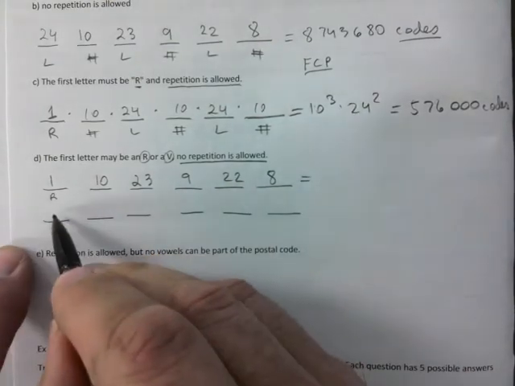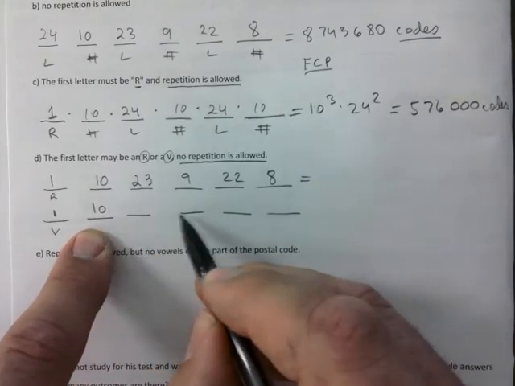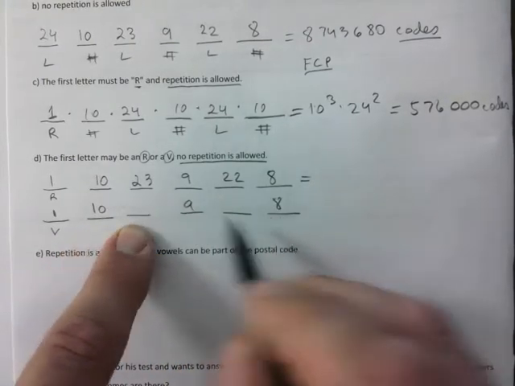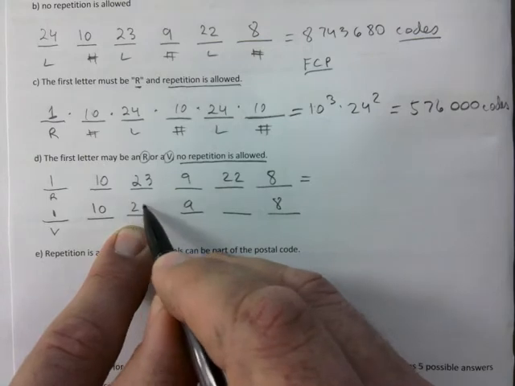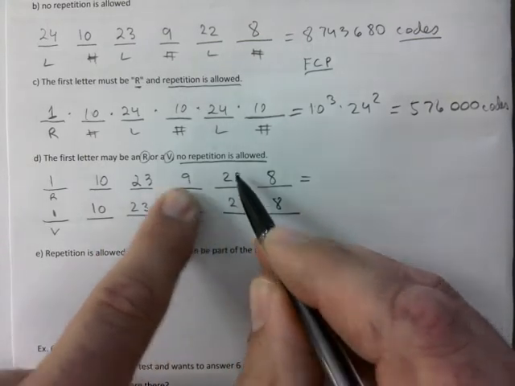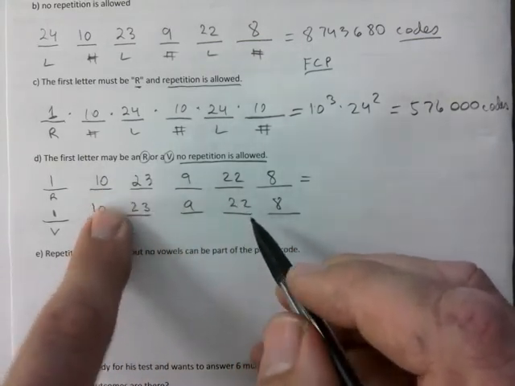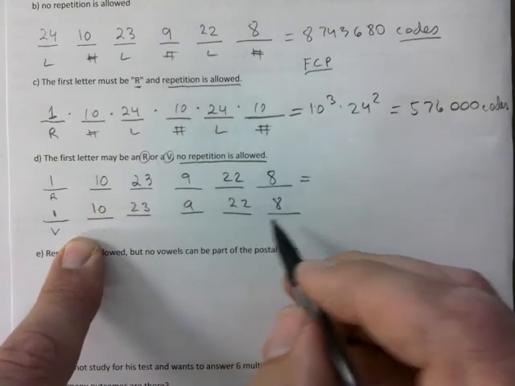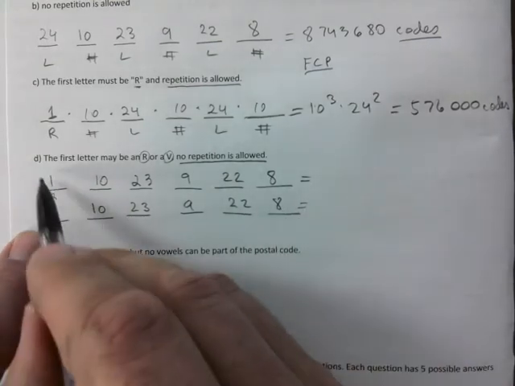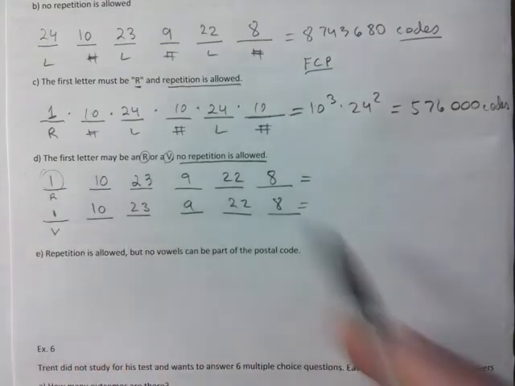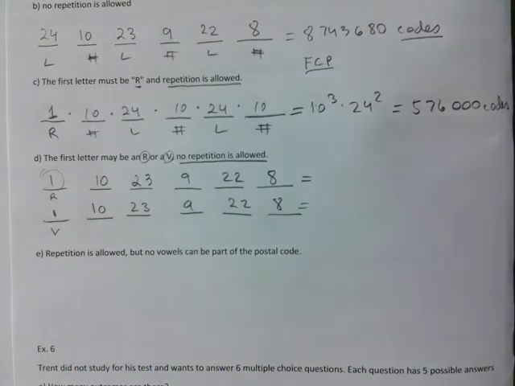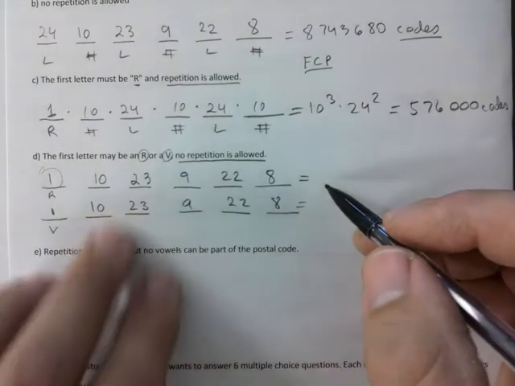And then here it's the same thing. I have one option there, 10, 9, 8. And for the letters, same thing, 23. You see how it's really the same? So if you put a 2 here, then you're doing the same thing that I'm doing here. I'm splitting it into 2 cases. What is this number here?